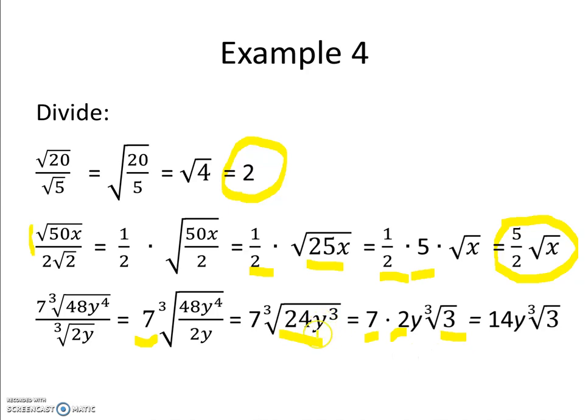However, with that y cubed, the cubic root of something cubed is just itself, so we bring a y out. We have now 7 times 2y, which we know is 14y, and we still have our cubic root of 3.